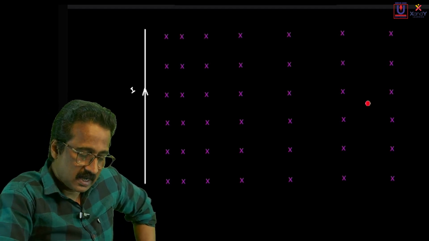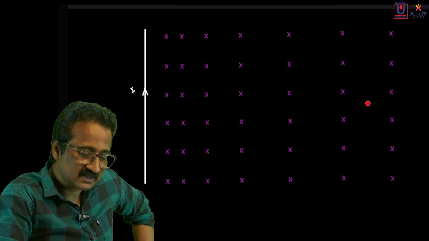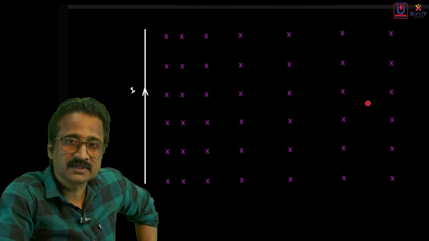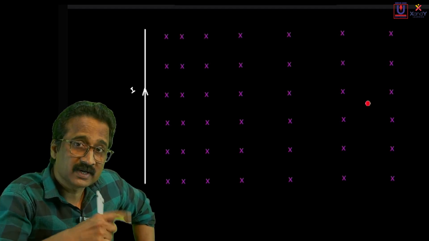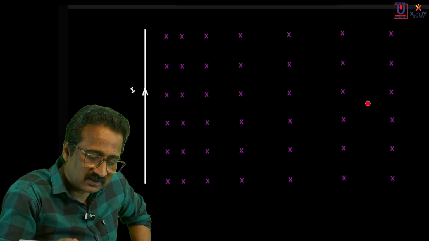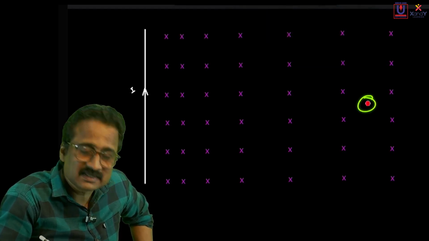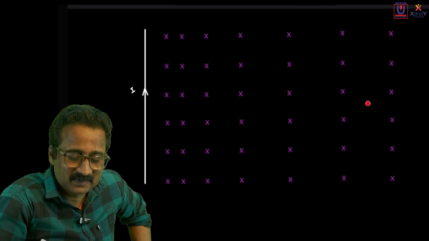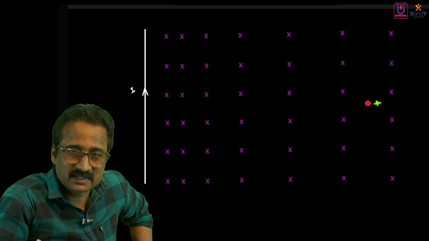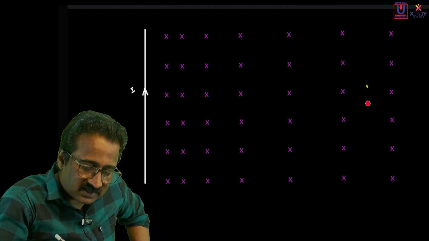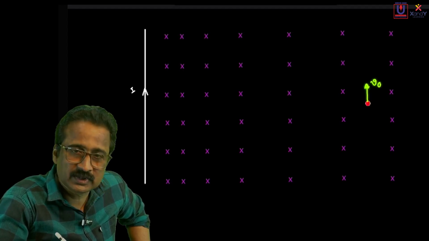Now what is said is that there is a charged particle given some velocity in the direction of current. You can see a red spot here. Let me highlight that this is that point. This is the charge we study. I'll assume that this has a positive charge. Now this positive charge is given some velocity in this direction. Let's say it is V0.